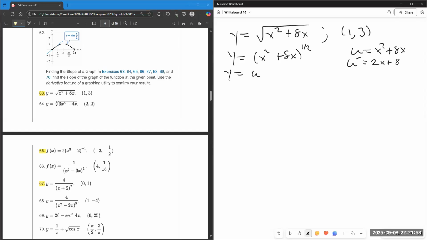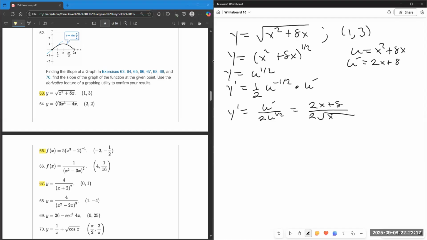Y is equal to u to the 1/2 power. Y prime is 1/2 u to the negative 1/2 times u prime. Y prime is u prime over 2u to the 1/2. It's equal to 2x plus 8 over 2 times the square root of x squared plus 8x.